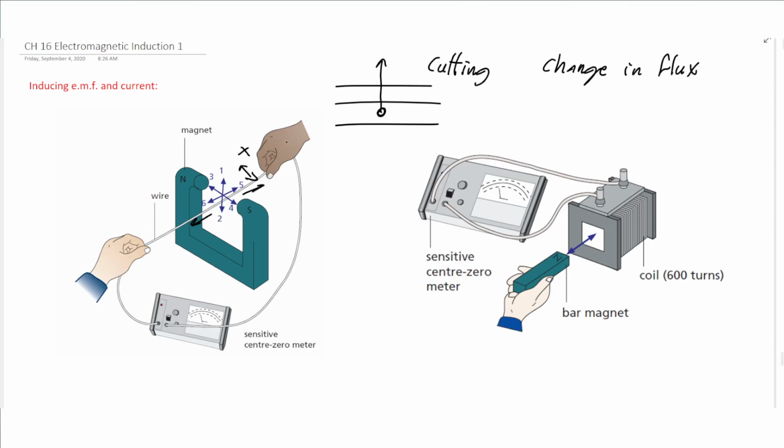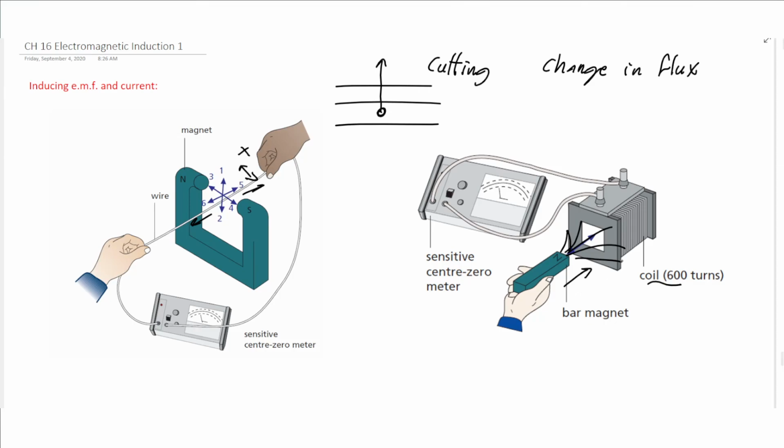Now you can represent this another way by moving a magnet, not moving a wire, near a coil or a solenoid. If you move the magnet towards the solenoid, there is cutting between the magnetic field of the magnet and the coil wire of the solenoid. And if you move it away, there is also cutting, but in the opposite direction.